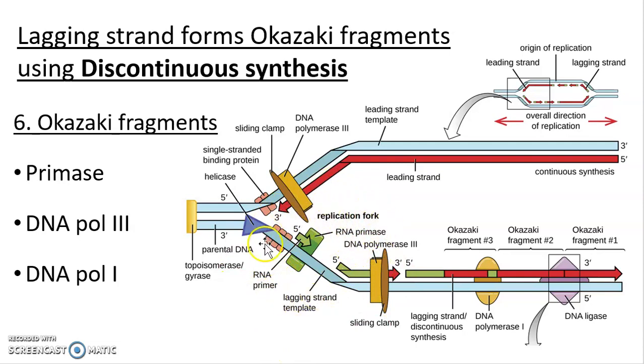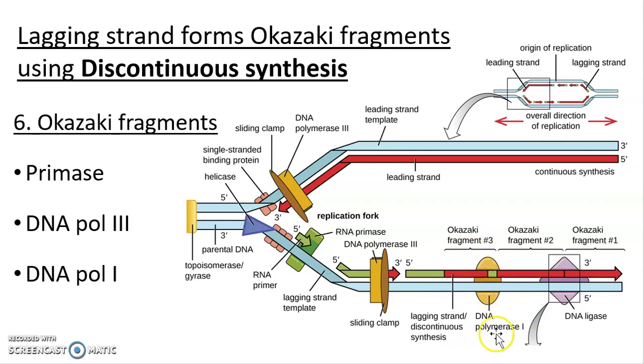You start with your primase, making the short little RNA primer, and then your DNA polymerase enzyme can come in and just chug along there, making a small section of DNA. You move down with your DNA helicase, opens up some new DNA, primer, and DNA polymerase. And the extra steps that are added into this when you have that discontinuous synthesis is we need to get rid of that RNA primer, because now your DNA is effectively a big chunk of DNA with a little piece of your RNA.